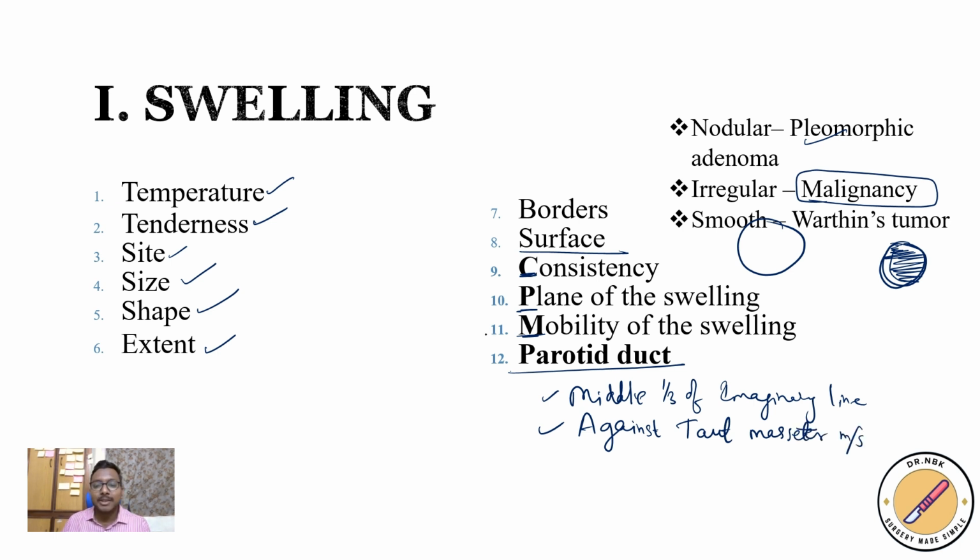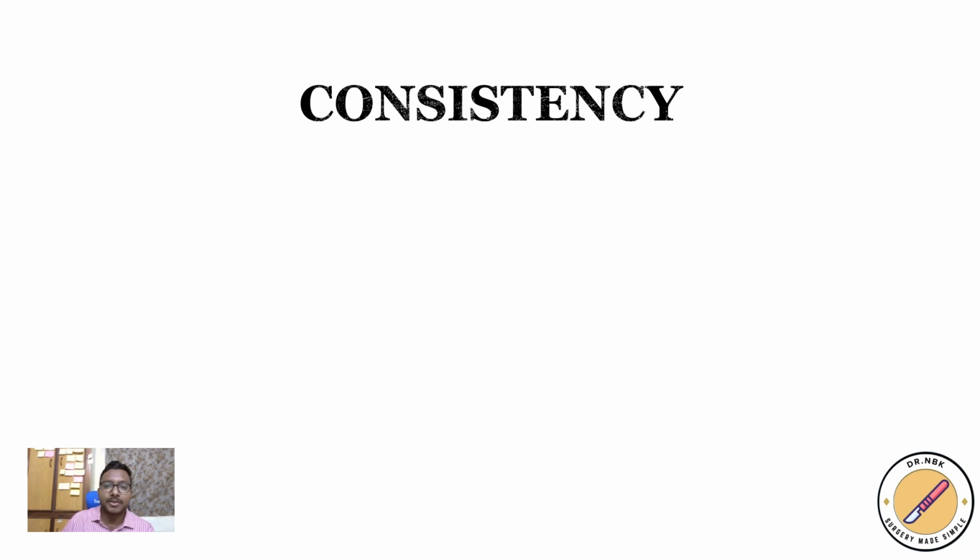Right, now we will see consistency, plane and mobility, and how they are important in parotid swelling. The first one is consistency. The three important types of consistency are soft, firm and hard.